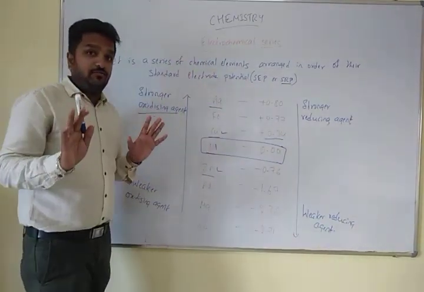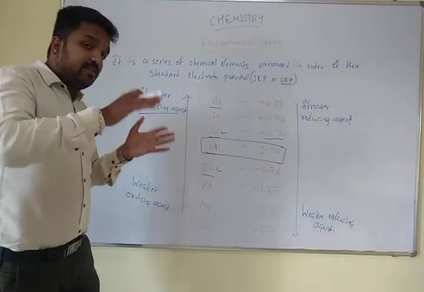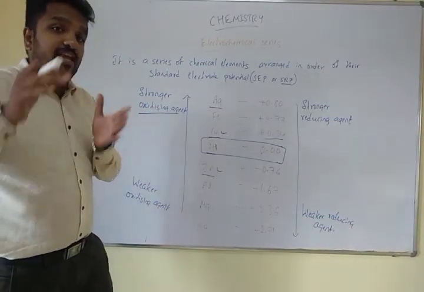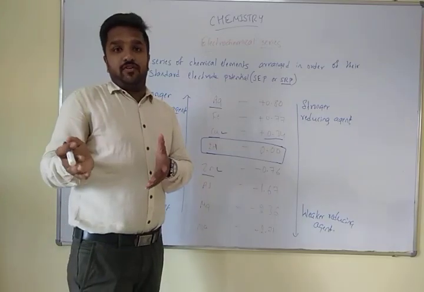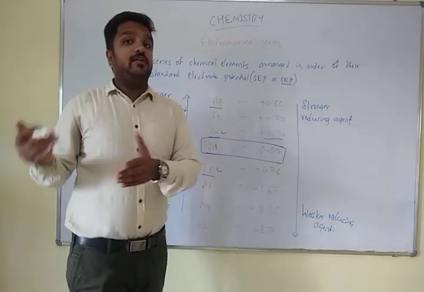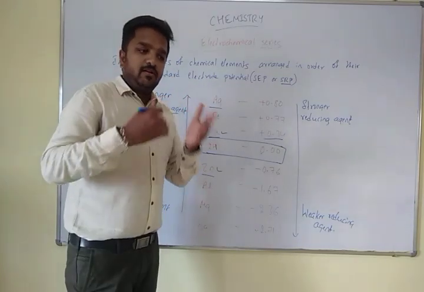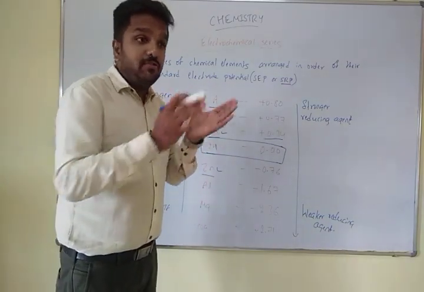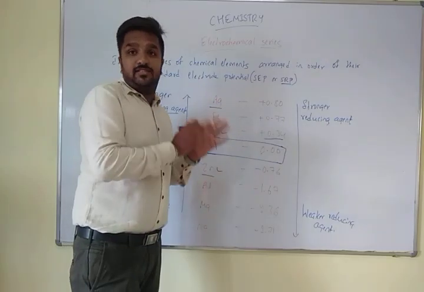Clear? Don't get confused regarding oxidation. Oxidation and reduction are different. Oxidizing agent and reducing agent are different. If a particular chemical element is getting oxidized, it is a good reducing agent. When a particular element is getting reduced, it acts as a good oxidizing agent.